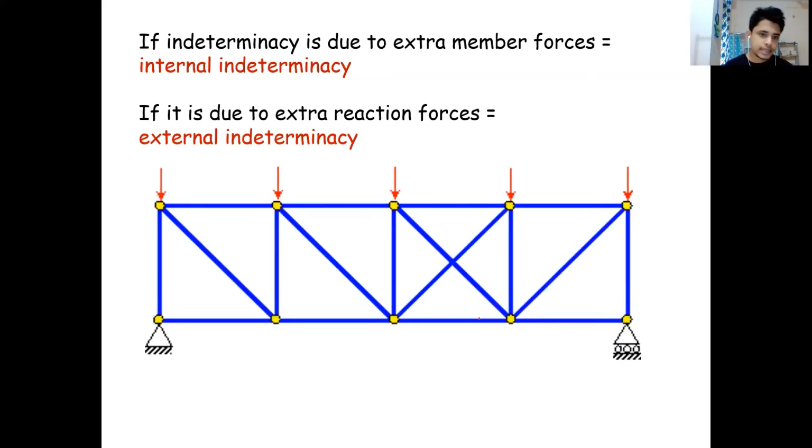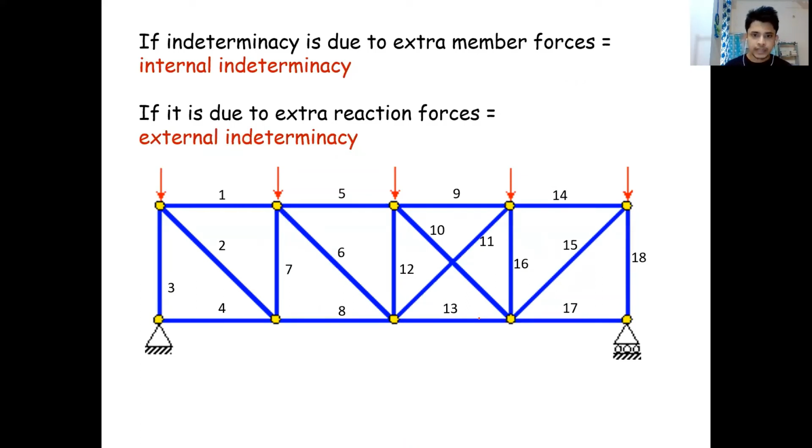Now going to these examples, this is a truss. We have to find out if it is statically determinate or not. If not, what is the degree of indeterminacy? So first we will see how many unknown forces we have. We have 3 reactions at the hinged and roller support, and we will have how many members? We have 18 members. So 18 plus 3, 21 is the total unknown force.